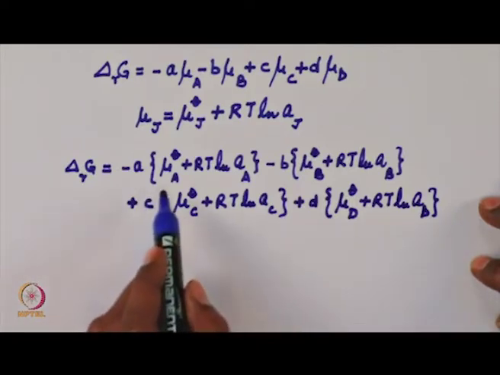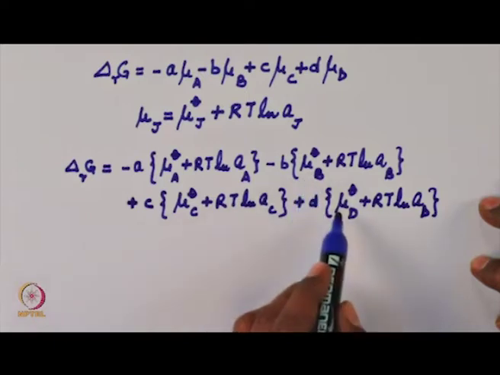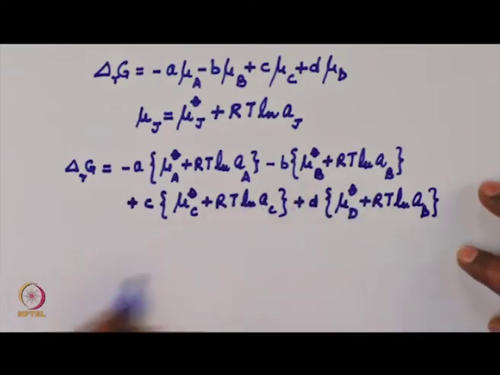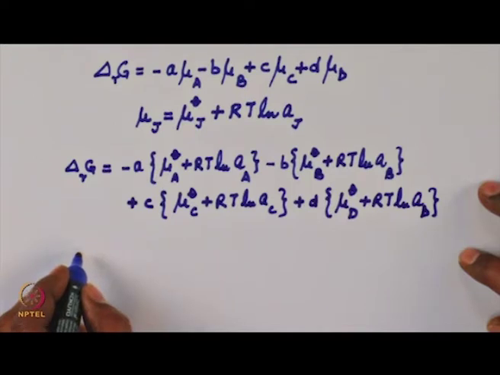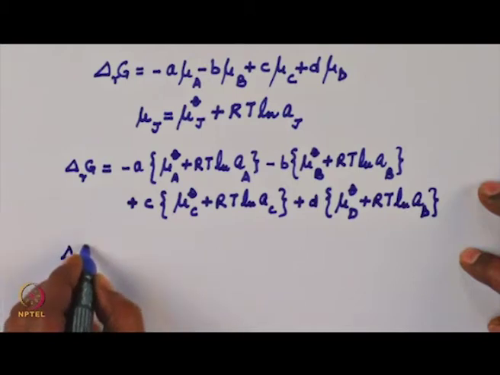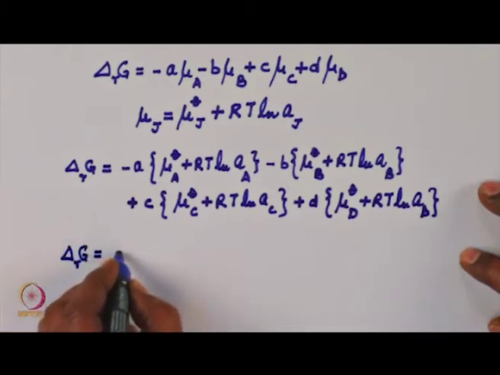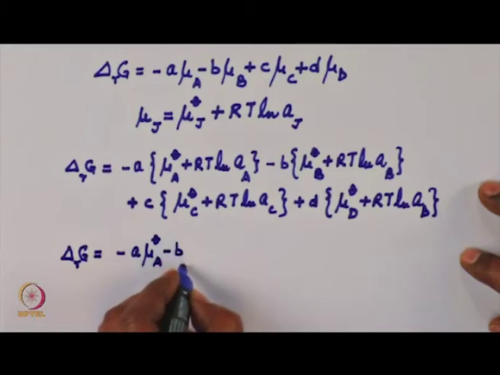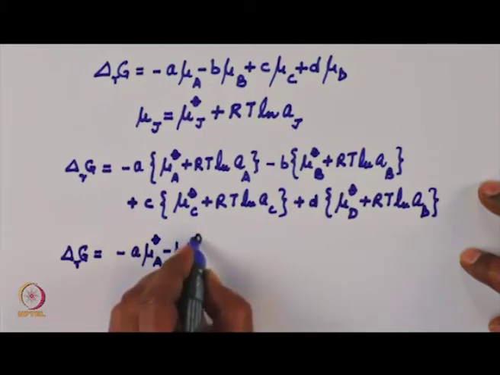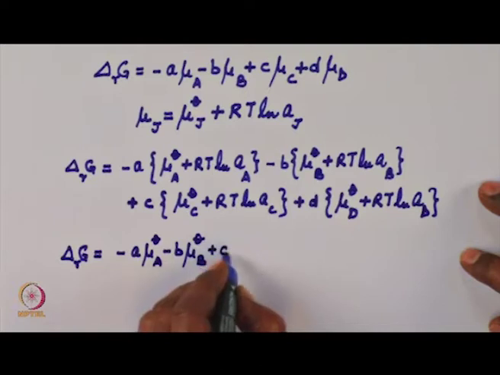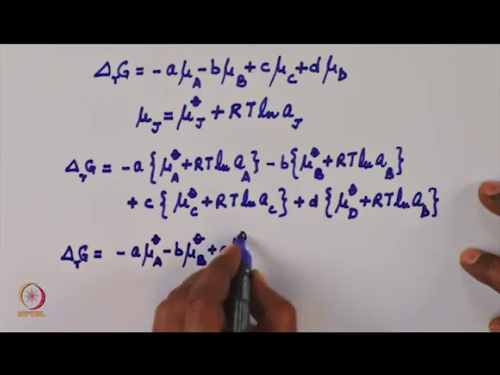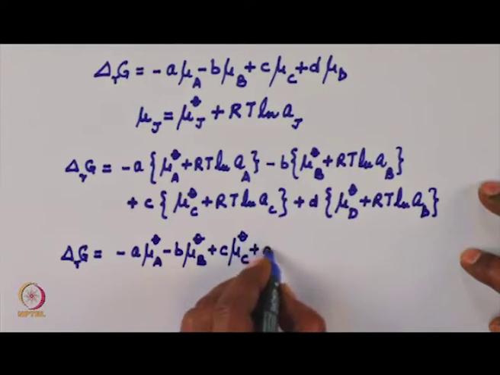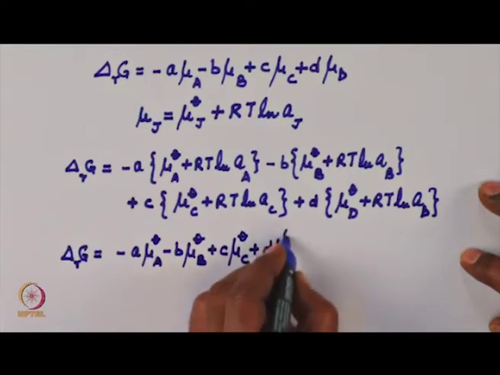Now, I will combine all the terms for chemical potentials and for activity. Once you combine all those terms, the resulting expression is going to be minus a times mu A naught, minus b times mu B naught, plus c times mu C naught plus d times mu D naught.